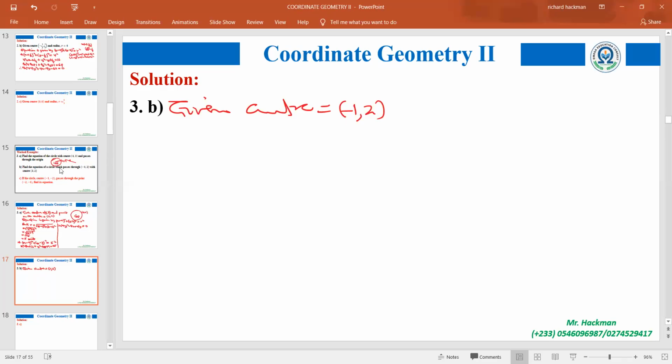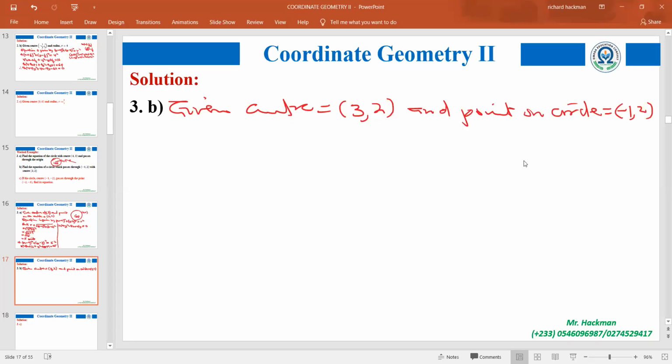The center is 3, 2. Yes, please take notes. The other one, the negative 1, 2, was the point on the circle. Very good. And point on the circle, that is my negative 1, 2. I hope I'm correct now.